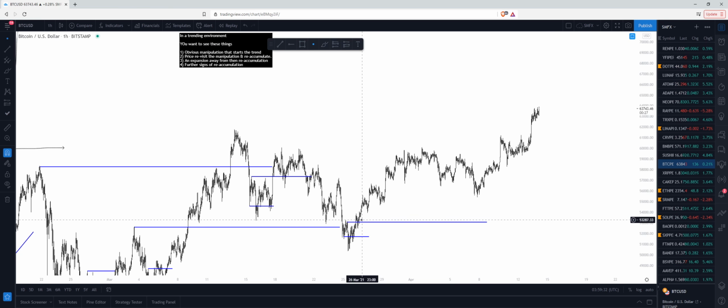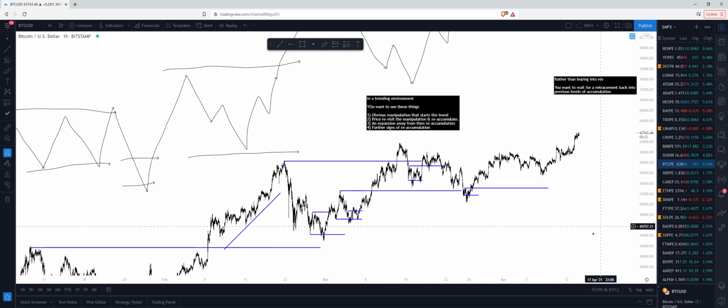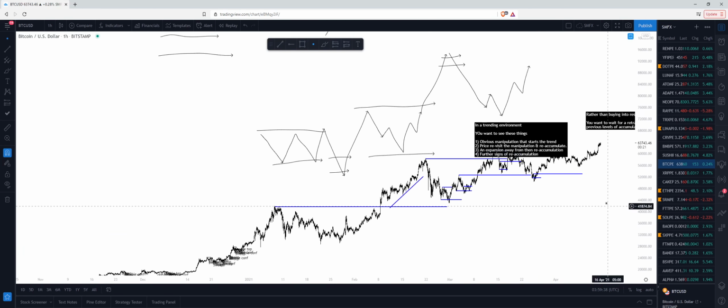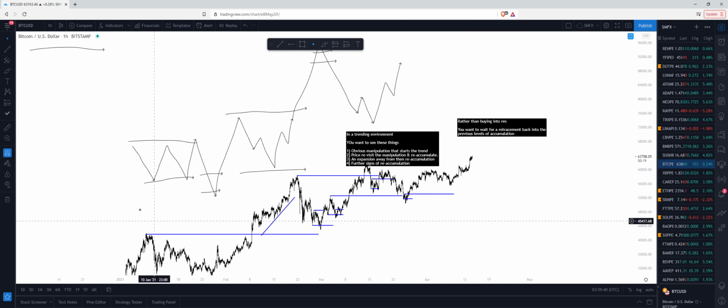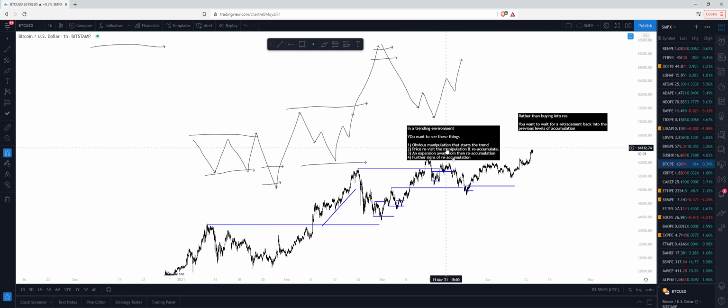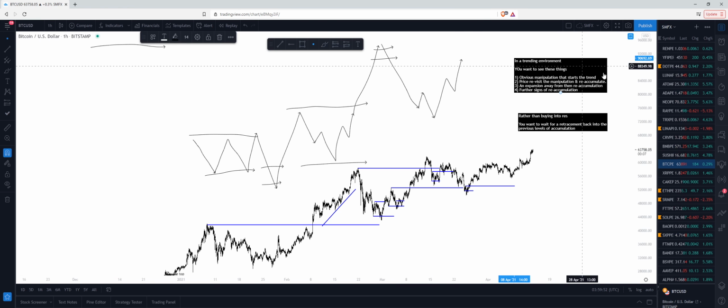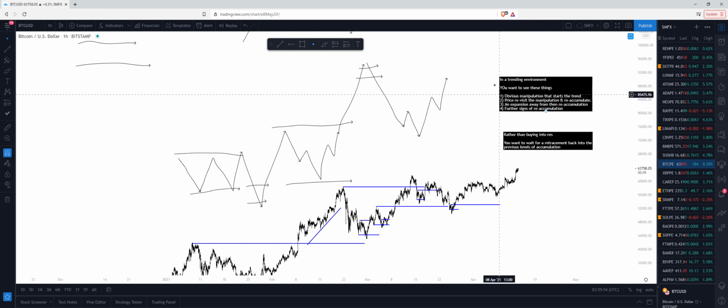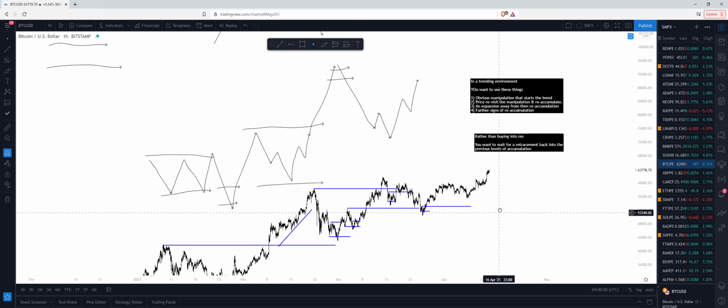Just some pretty basic market structure stuff here. Price breaks through resistance, we retest support. We break through resistance, we retest support. If you're trading the trend, these are the kind of things that you want to see to confirm if price is in fact going to continue the trend or start to reverse.